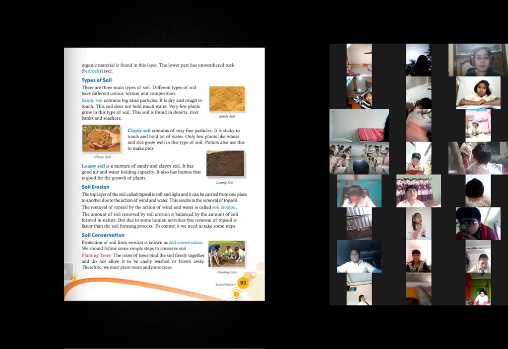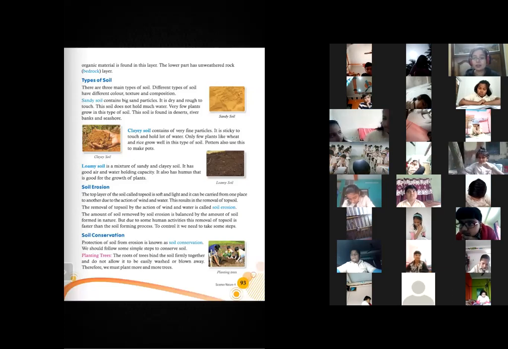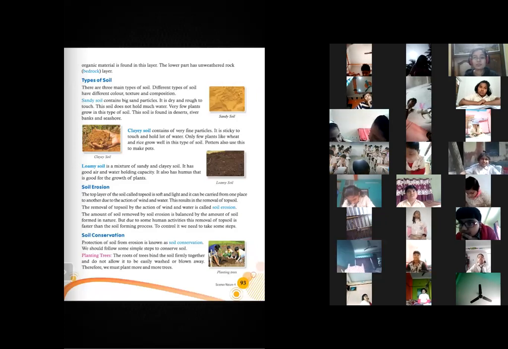Only few plants like wheat and rice grow well in this type of soil. Why? Because if water is not present in the soil, plants cannot grow. At the same time, if there is too much water in any particular type of soil, plants cannot grow in that soil also, right?